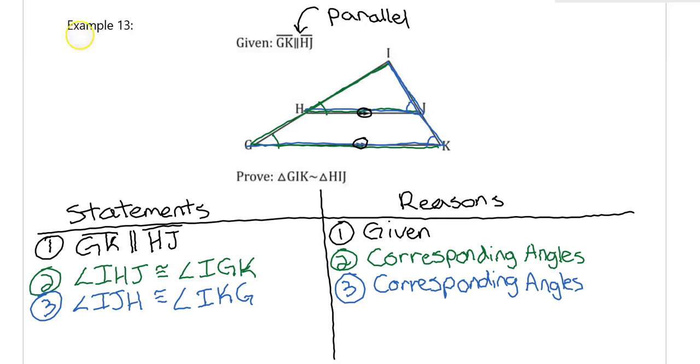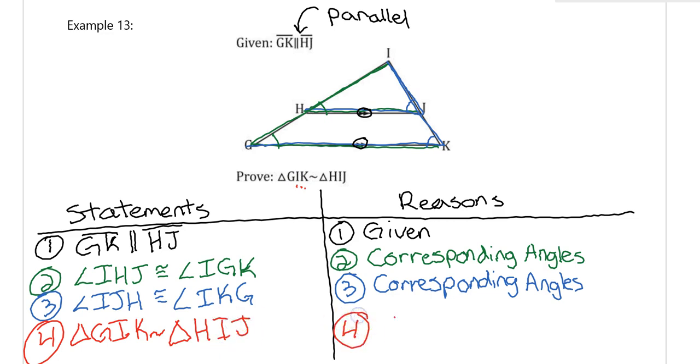Now I have two sets of angles, so I can use angle, angle to show that these are similar. So triangle GIK, I'm just writing down this exact statement. How do I know? I had two sets of corresponding angles, so by angle, angle.